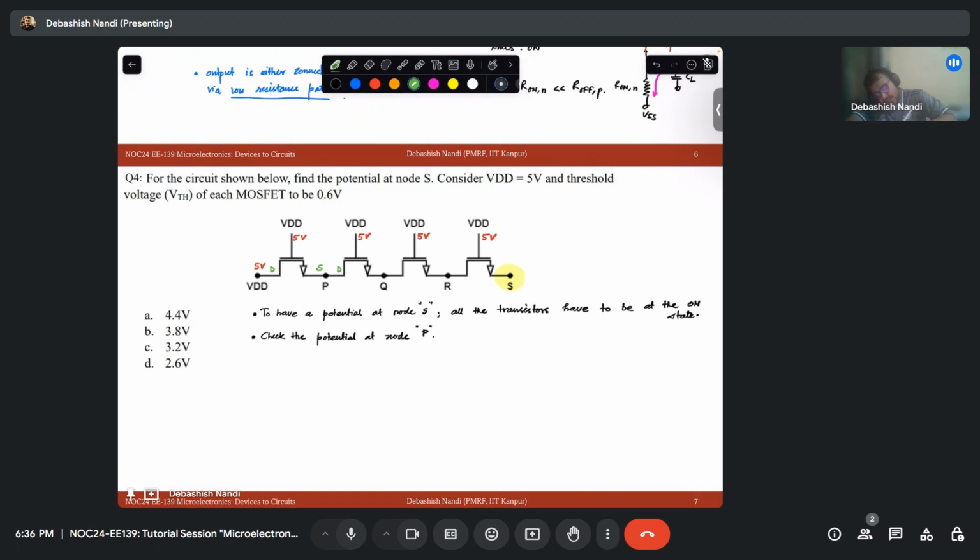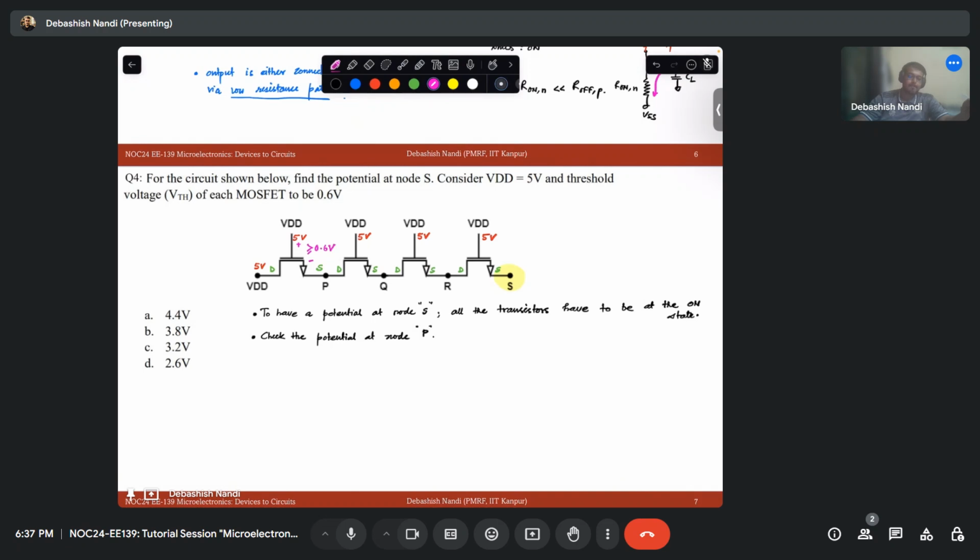Similarly, this is my drain, this is my source. Drain, source, drain, source. Okay, so I need to check what is the potential difference between these two, which has to be greater than 0.6 volt. Fine.